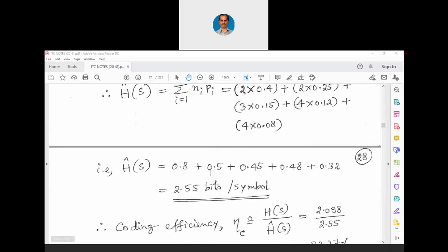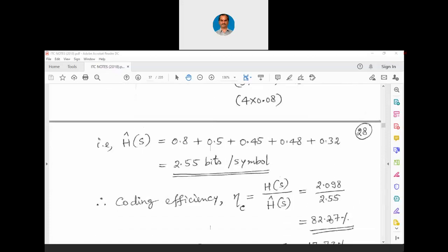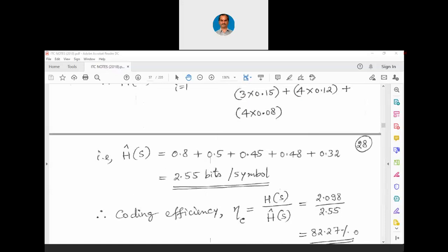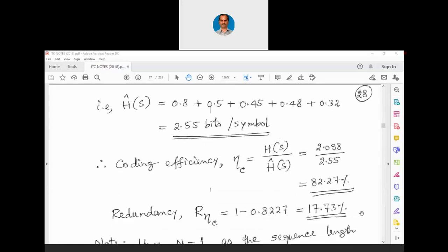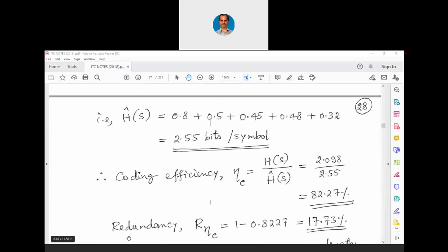The coding efficiency eta c is the entropy of the source divided by the average number of bits per symbol. So H of S divided by H cap of S, that is 2.098 divided by 2.55, which is 82.27%. If it is 82.27%, there is something called redundancy.